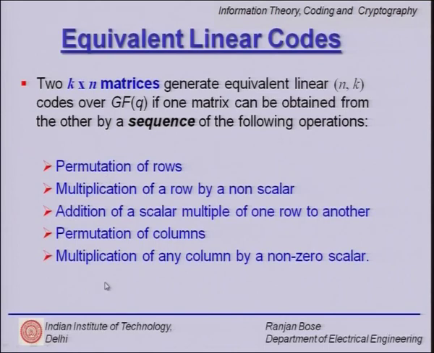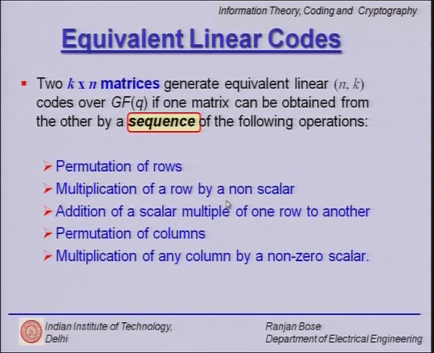So, we are defining 5 operations, okay, and by conducting these 5 operations in any sequence and combination, if I can convert one of the generator matrices into another, then these two are termed as equivalent linear codes. So, this sequence could be anything, okay, and it could be just the permutation of rows. One permutation of rows can lead to the other generator matrix.